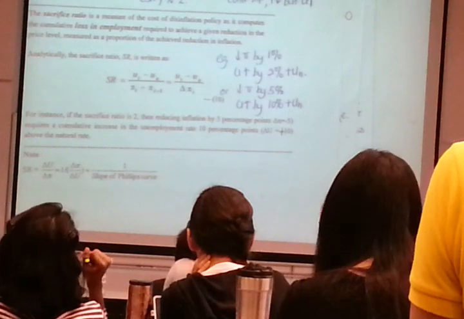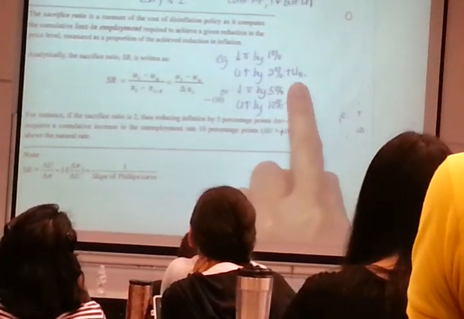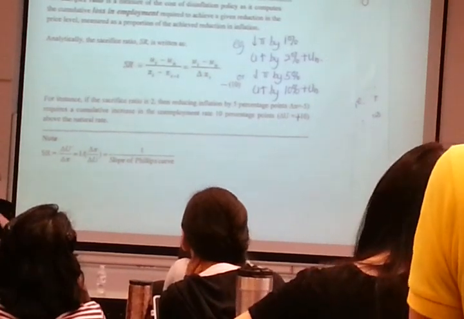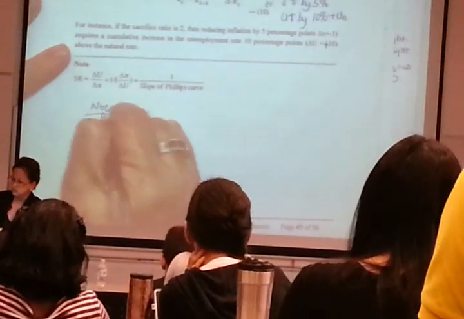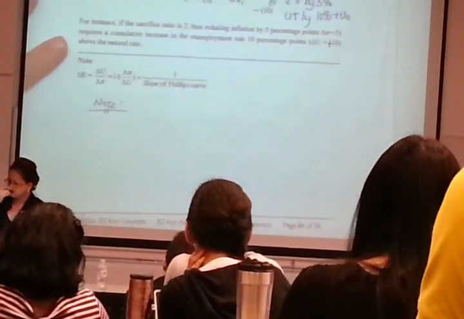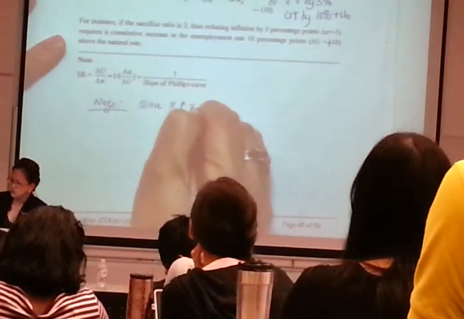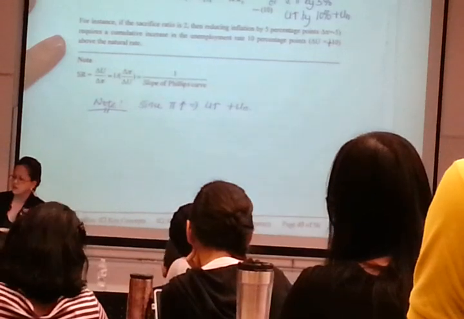And it's not just unemployment increasing, but you add on to the natural rate. So in this case, this is what you want to highlight: since pi drops, u increases plus the UN.